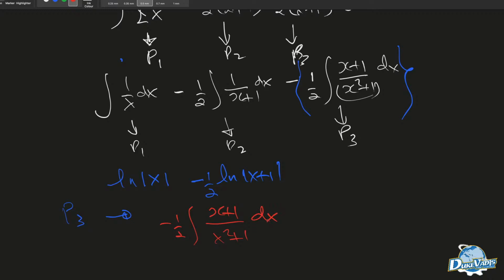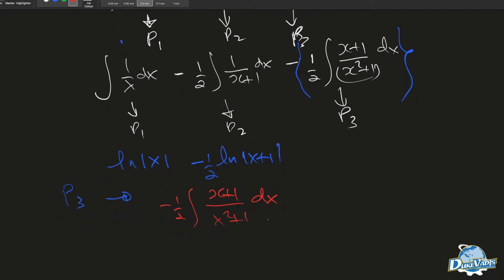Our denominator is x squared plus 1, and the top is also x plus 1. So I think the best way we can express this one is to break it into pieces, so that we will say this is minus half out.